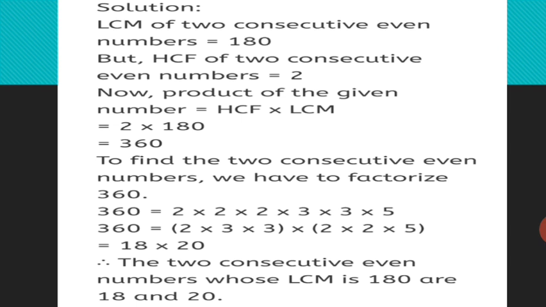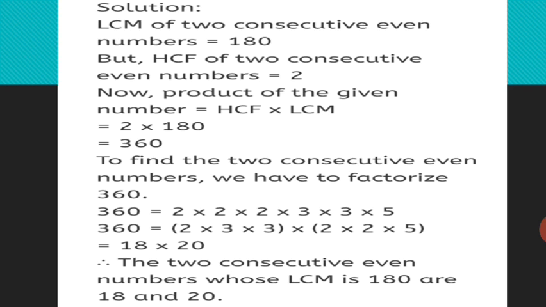Now the product of the given numbers is equal to HCF into LCM, the formula that we have used in the previous sums also. So the same we are going to use here. The product is 2 into 180, which is equal to 360.